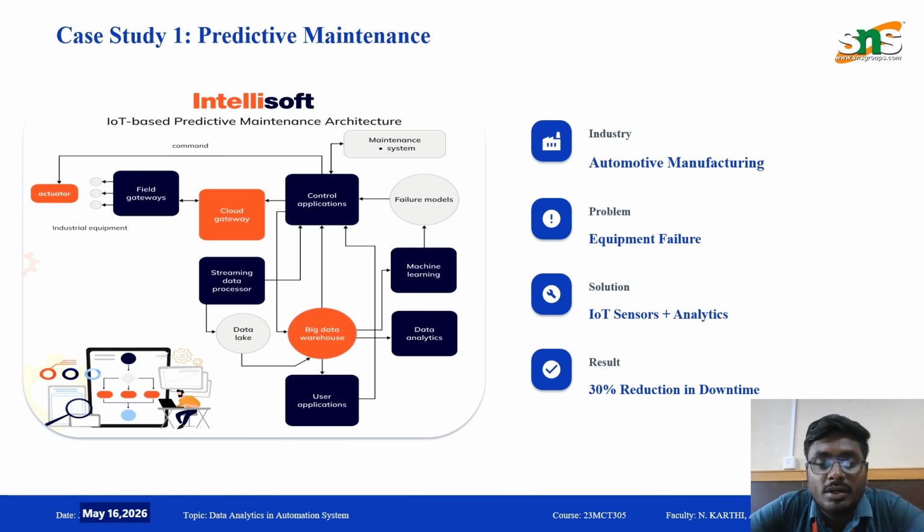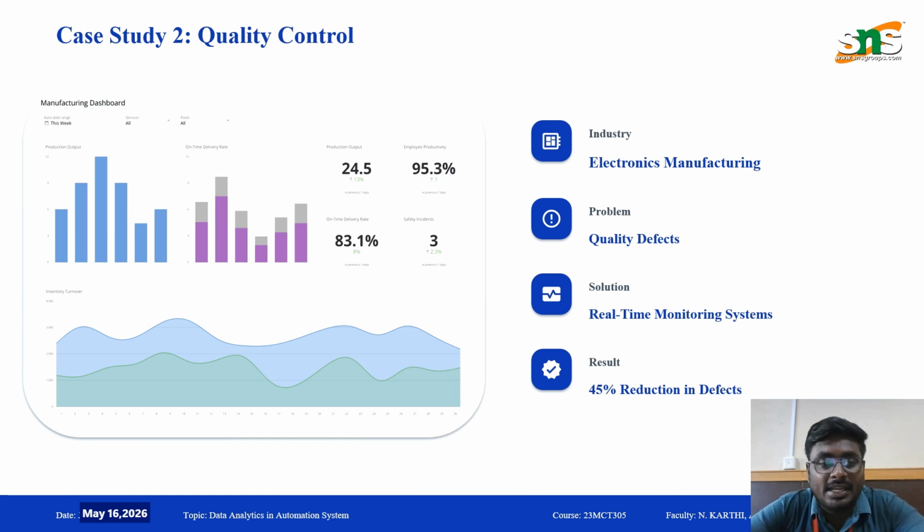The result was a 30% reduction in downtime. This is a classical example of moving from preventive maintenance to predictive maintenance, saving millions in lost production.